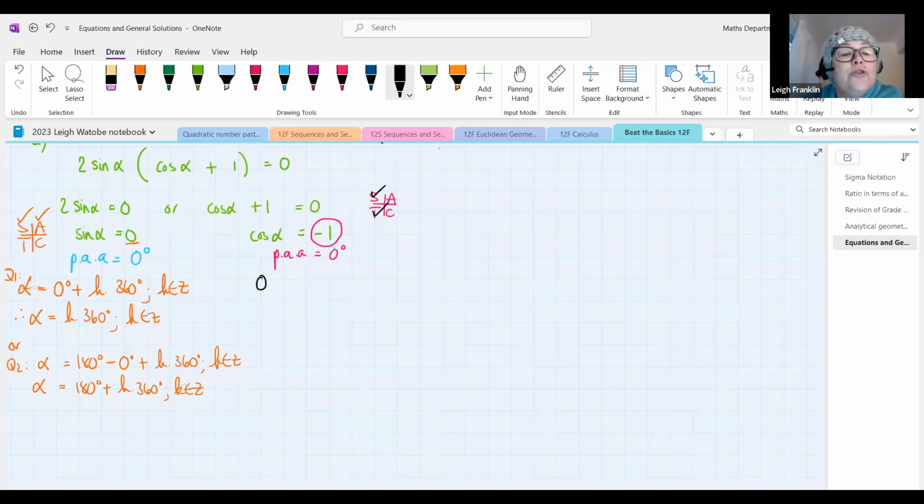In quadrant 2, we're going to end up with our angle alpha being equal to 180 minus 0 degrees plus K times 360. So that means that alpha will be equal to 180 plus K times 360.